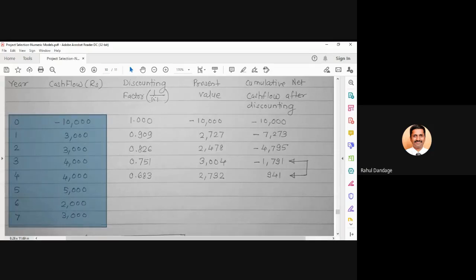Then the discounting factor: it will be 1 at the beginning, and then everywhere this will be multiplied by 1 divided by 1.1.